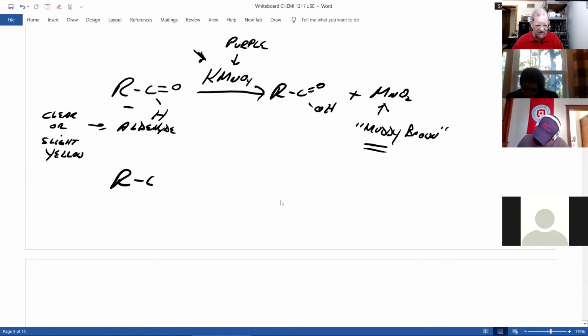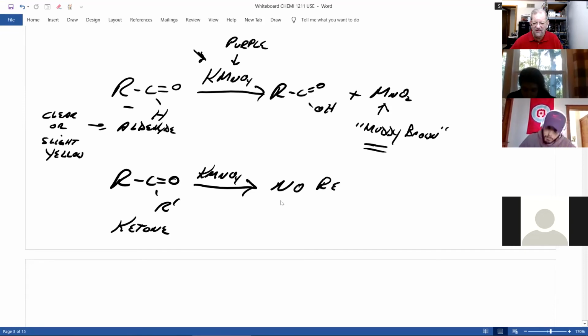Now, if you have a ketone, well, in this case, guess what? If you oxidize it with potassium permanganate, you get no reaction, which means the solution will stay purple because the potassium permanganate doesn't react, isn't reduced to manganese dioxide.